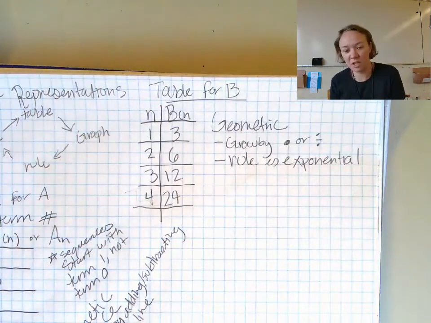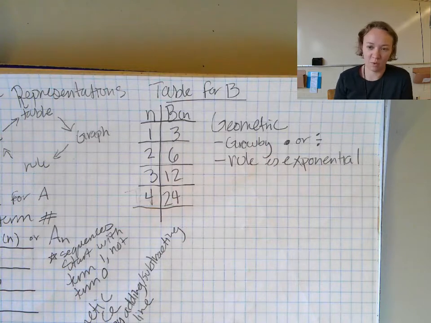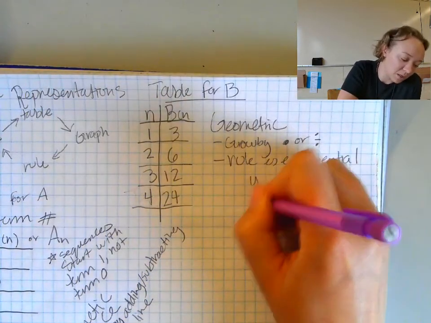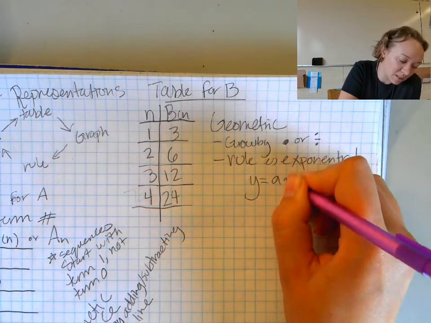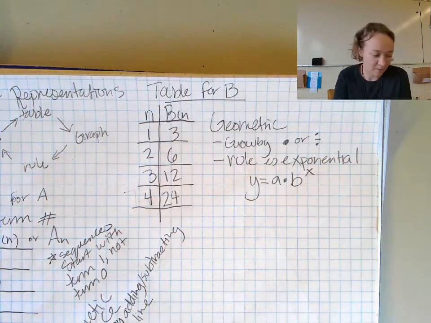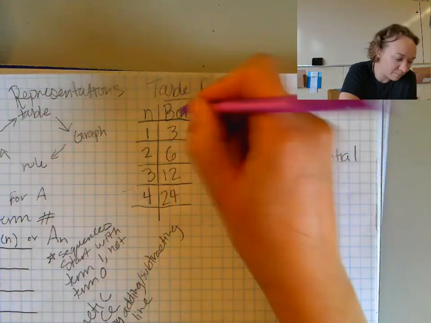Now, we haven't really done anything with exponential functions this year, so I'm not going to focus on how we write rules for these. We just know that they're going to end up being in that general form, y equals a times b to the power of x, or in this case, you'd use a times b to the power of n.